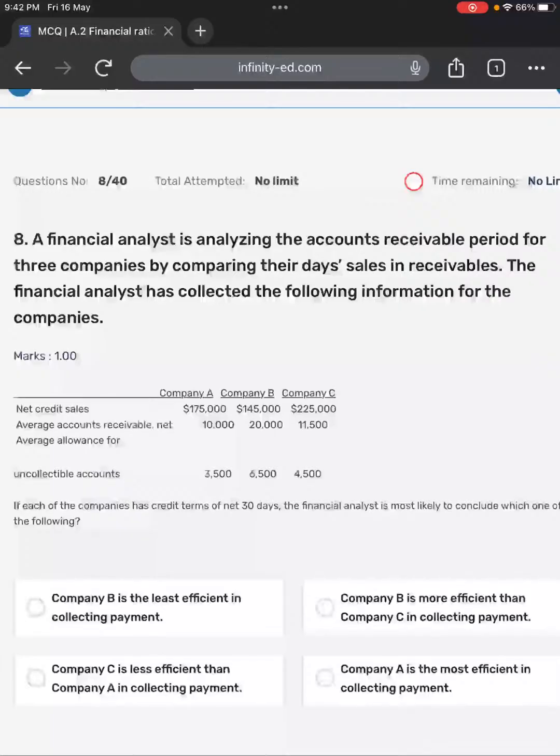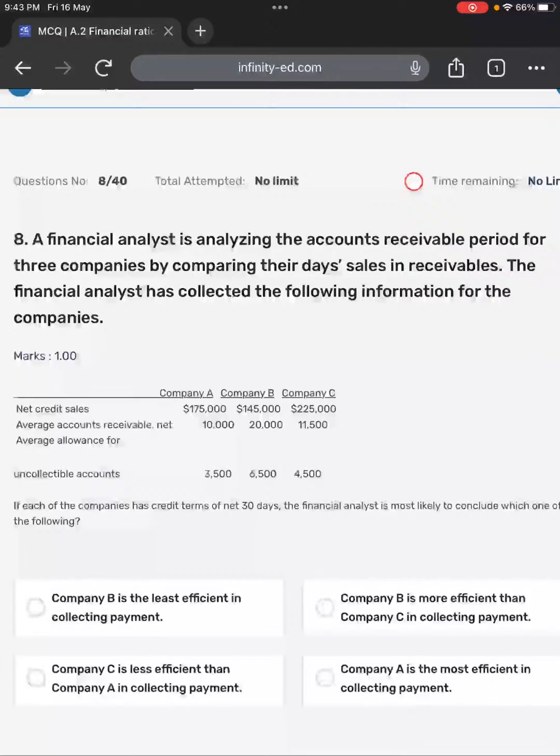In this case, what will we calculate? First of all, account receivable turnover. Which has the highest? Let's calculate. Account receivable turnover: average receivable is given, and net credit sales is given.